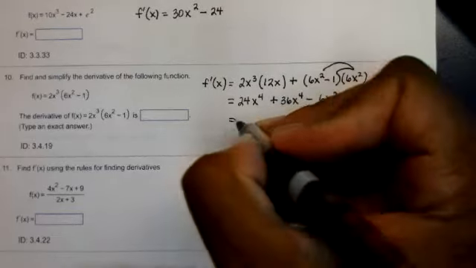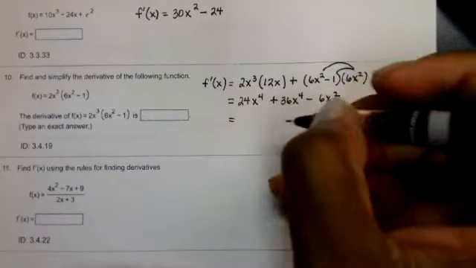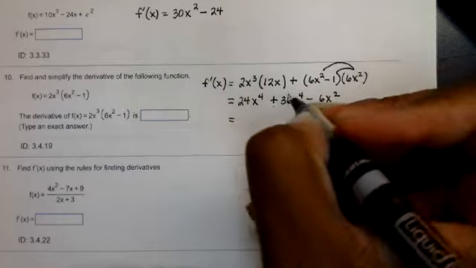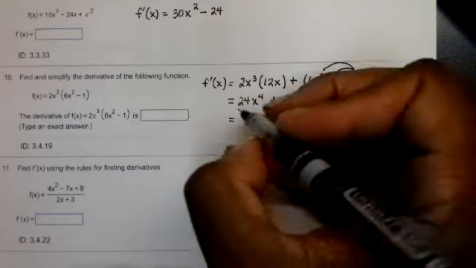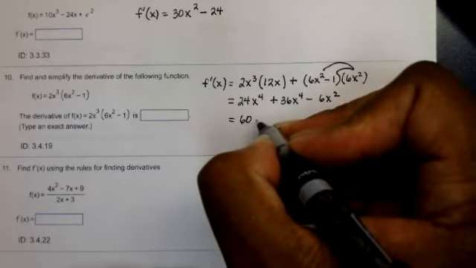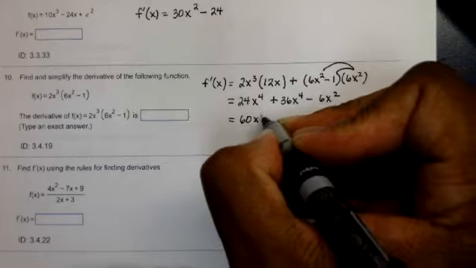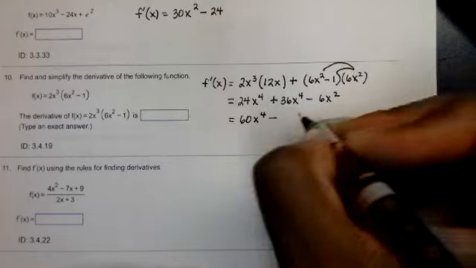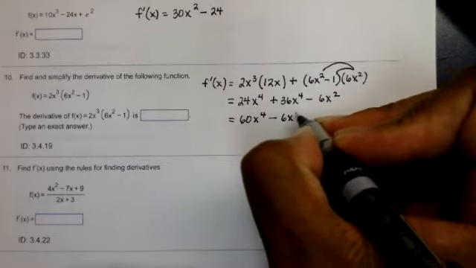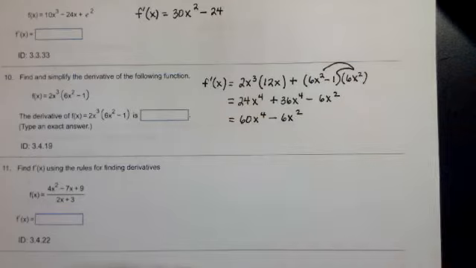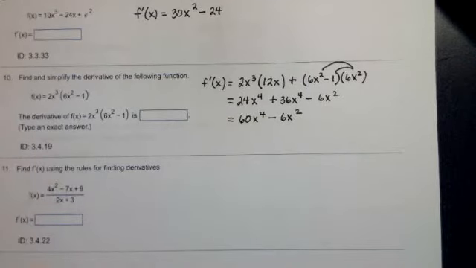And then combine like terms, 24x to the 4th plus 36x to the 4th will be 60x to the 4th, minus 6x squared. And that would be the derivative of f of x.